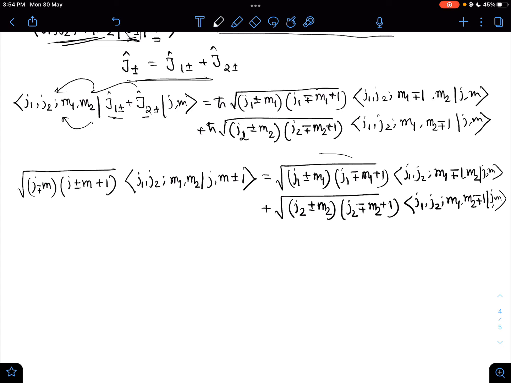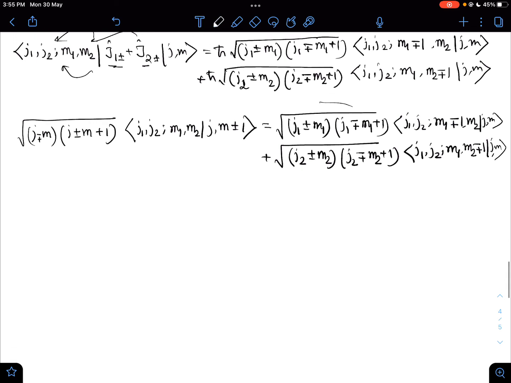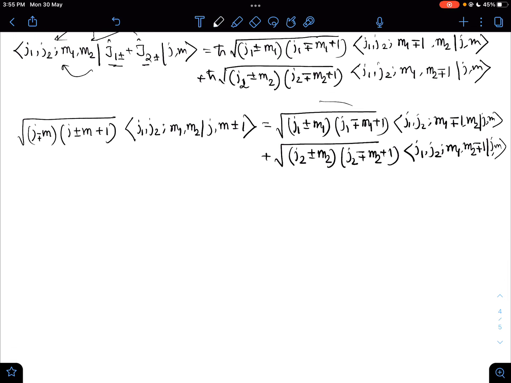This relation, together with the orthonormalization relation that we already have, will determine all the Clebsch-Gordan coefficients for any given values of J1, J2 and J. To see this, let us substitute M1 equal to J1 and M equal to J in the lower part of this equation.